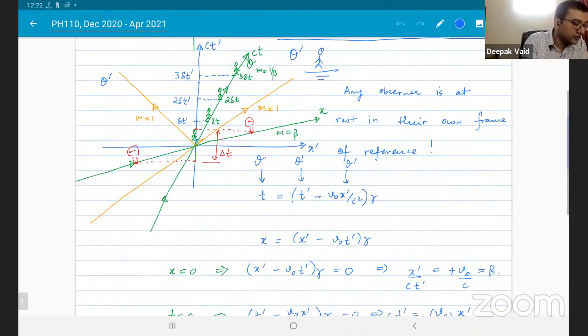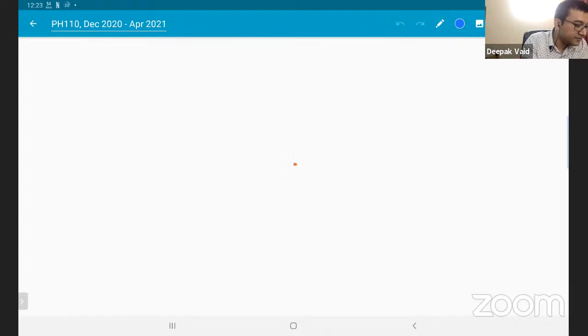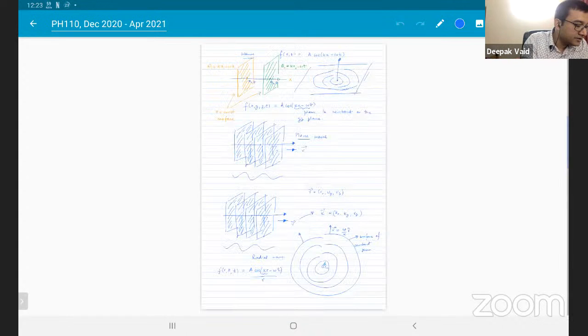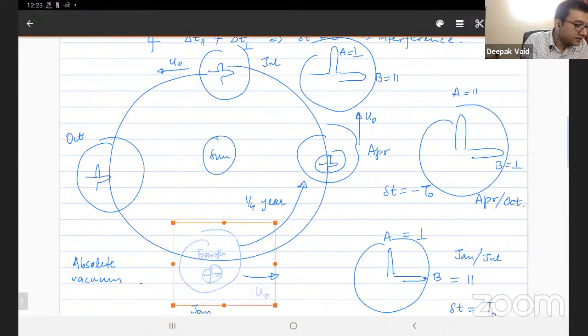So I mean, if you look at the Michelson-Morley diagram, direction.